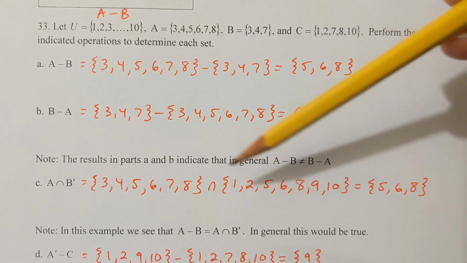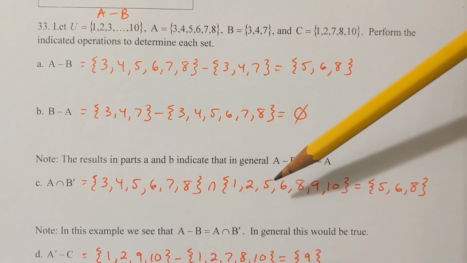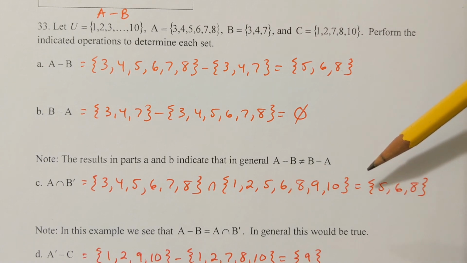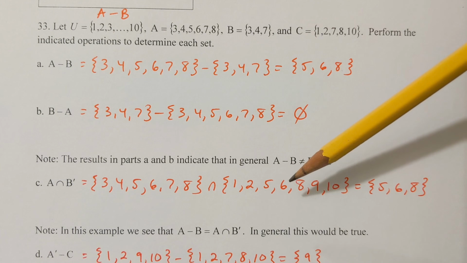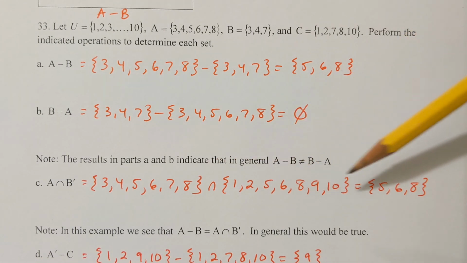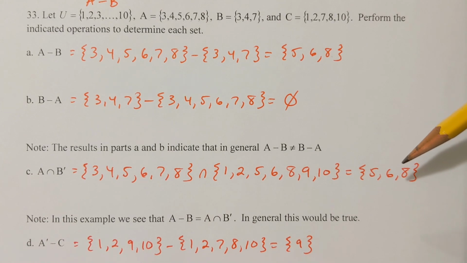Intersection means that you're looking for all the elements that are in both the sets together. So let's see, 5 can be seen in these two sets. Here's 6, and here's 8. So I'm going to end up with the set containing 5, 6, and 8.